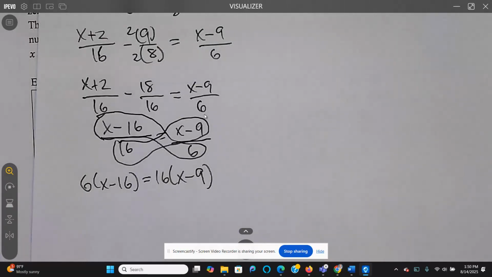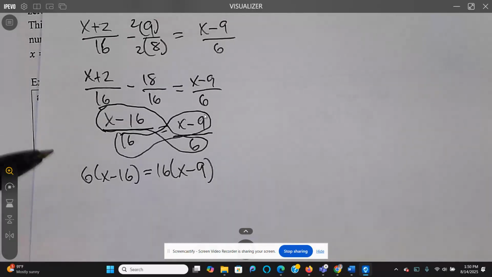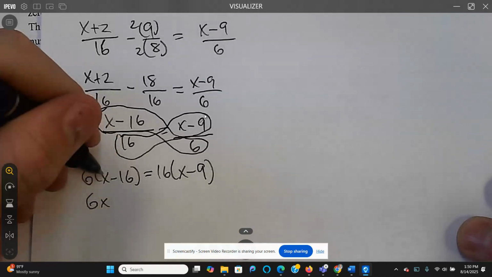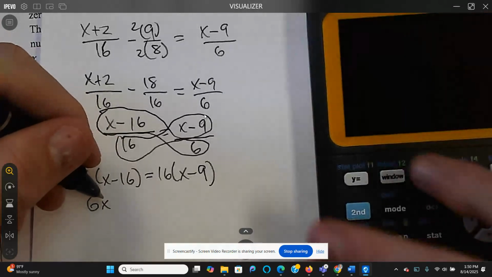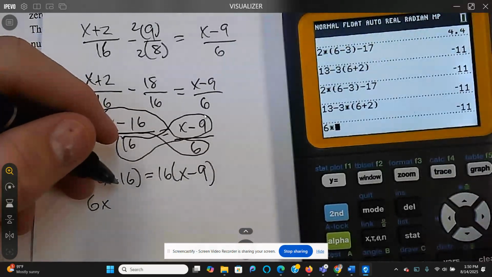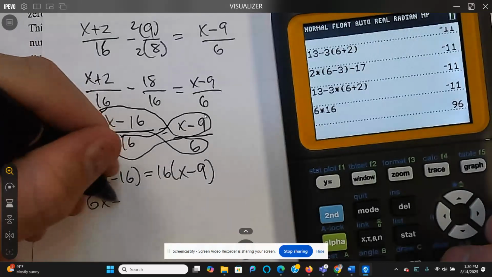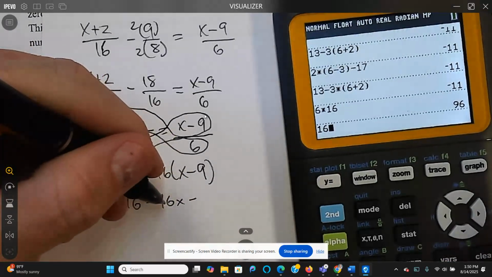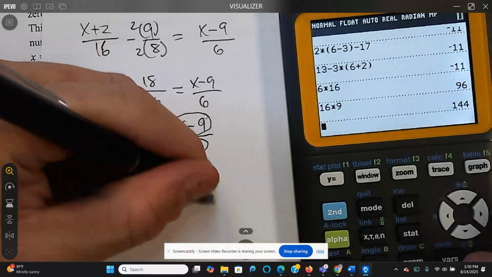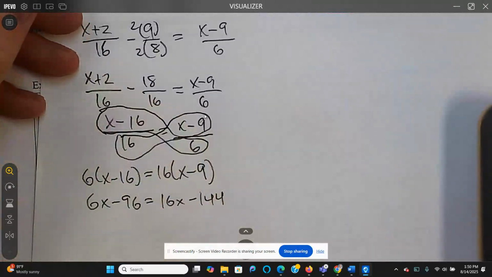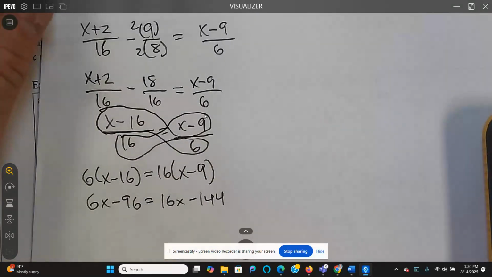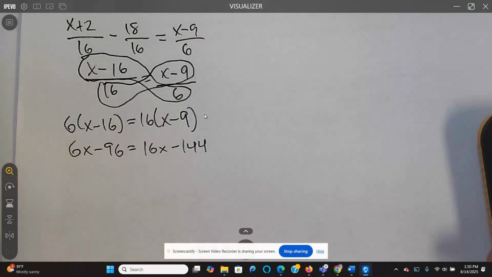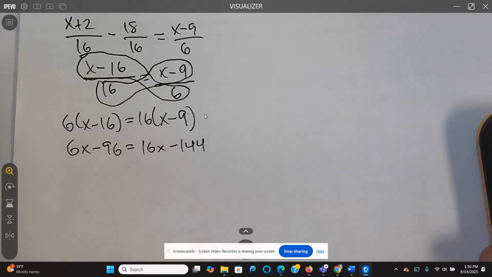I think this is the easiest one, but it might not be. What's easier for me might not be what's easiest for you. That's fine. So I distribute: 6 times 16, 96. 16x minus 16 times 9, 144.